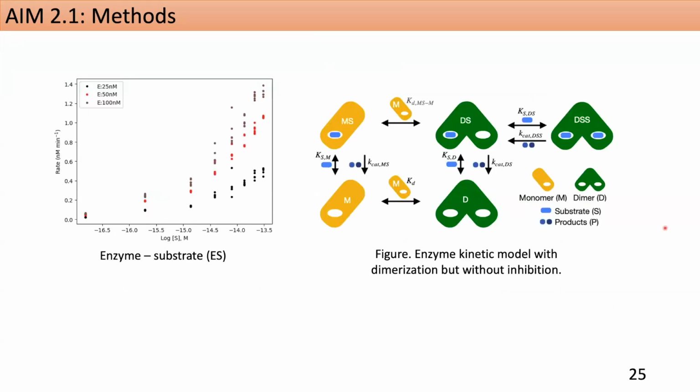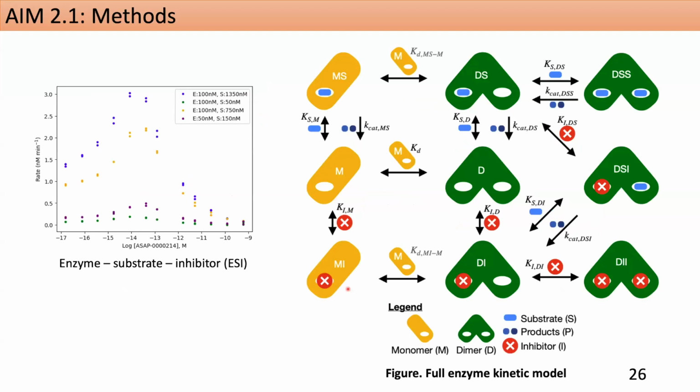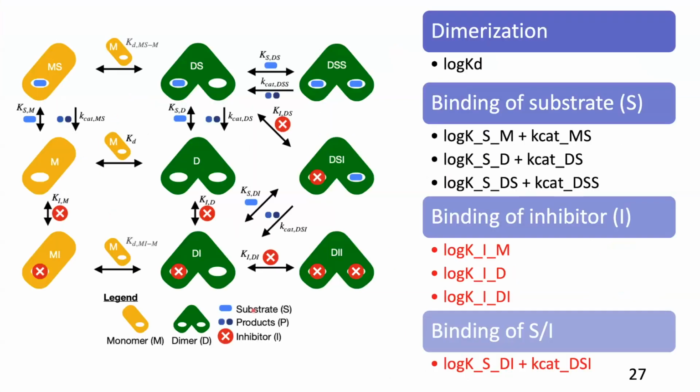And so we first just fit the top of the model that doesn't include any inhibitor complexes to the enzyme substrate data. And then we considered the data that also included inhibitor at different concentrations, fitting the full model to concentrations with inhibitor as well.